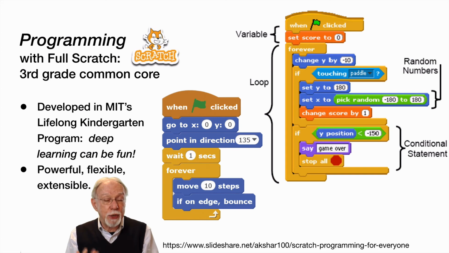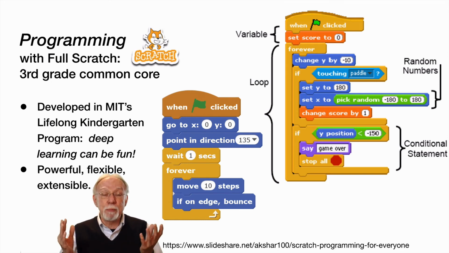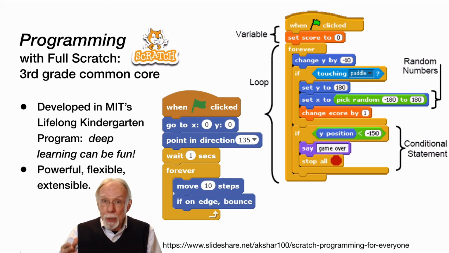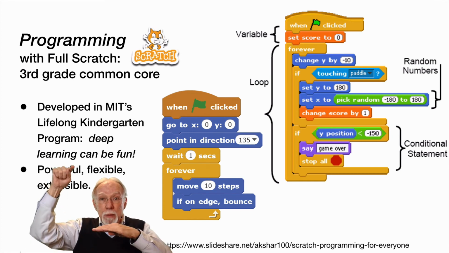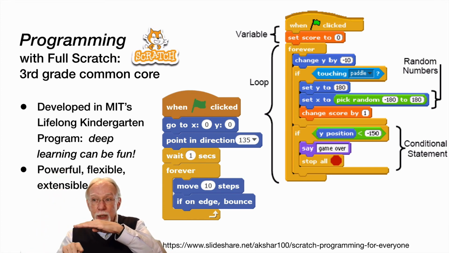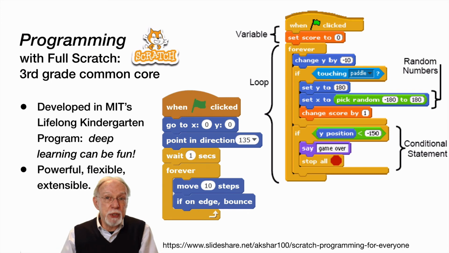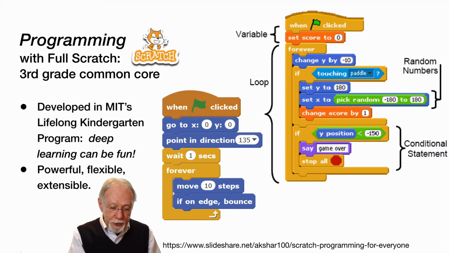So kids are learning positive and negative numbers and the idea of randomization, how important that is in things like a game. Then change score by 1. In other words, I got a point. But if the ball misses the paddle and goes to y's -150, game over, stop everything.